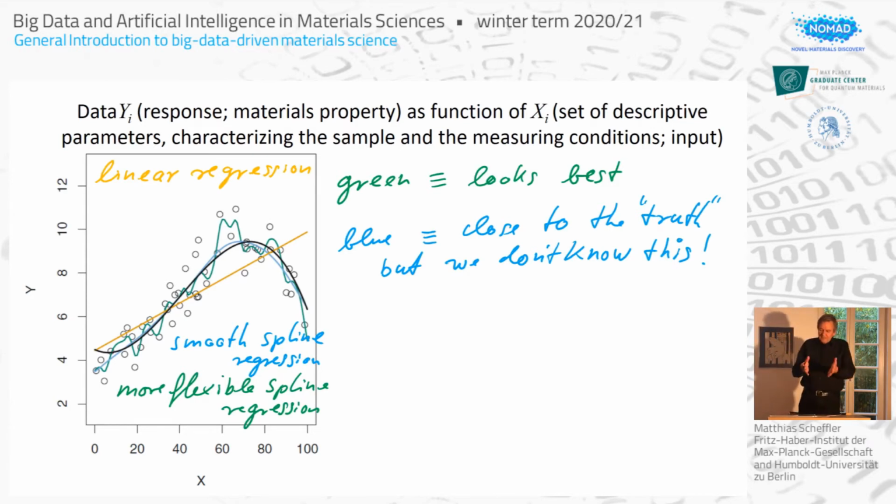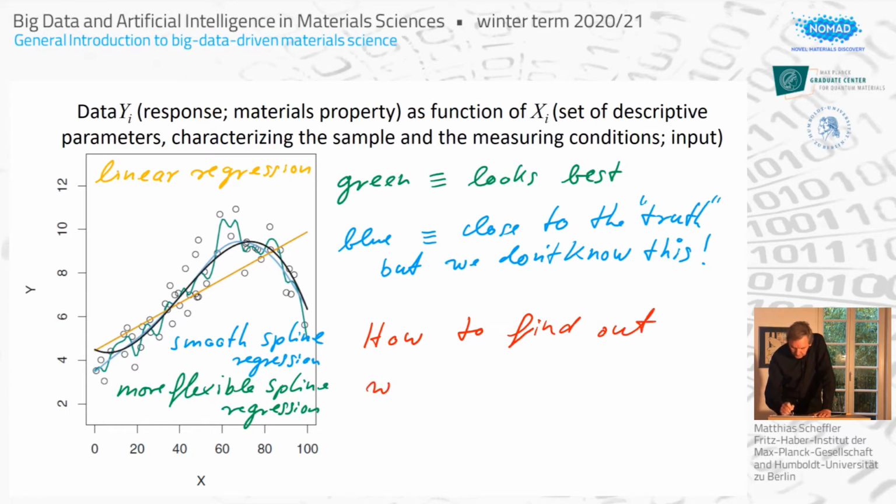Now, still the question is, how can we find out what is in fact the best option, giving us the best fit in terms of scientific modeling? And so the next question to answer is how to find out what is best.